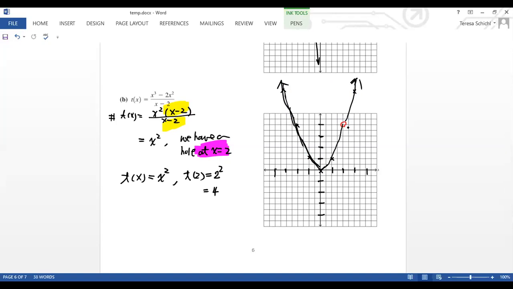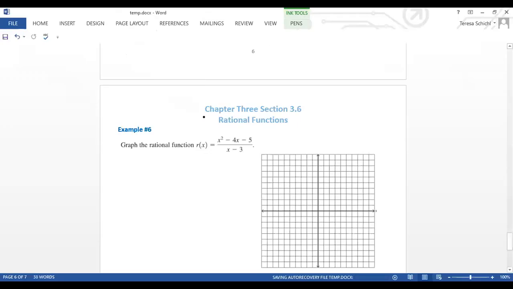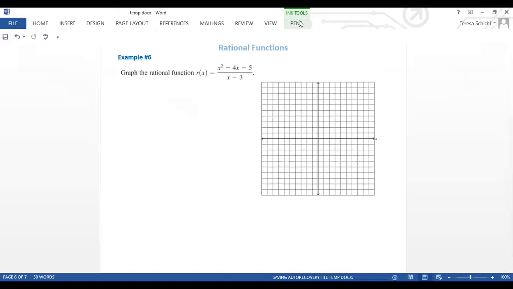Now let's take a look at the slant asymptotes and see how we do them.